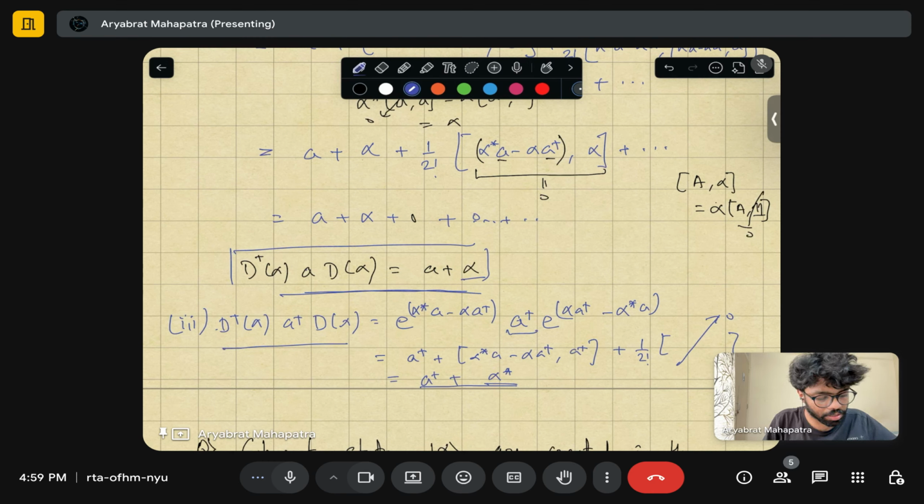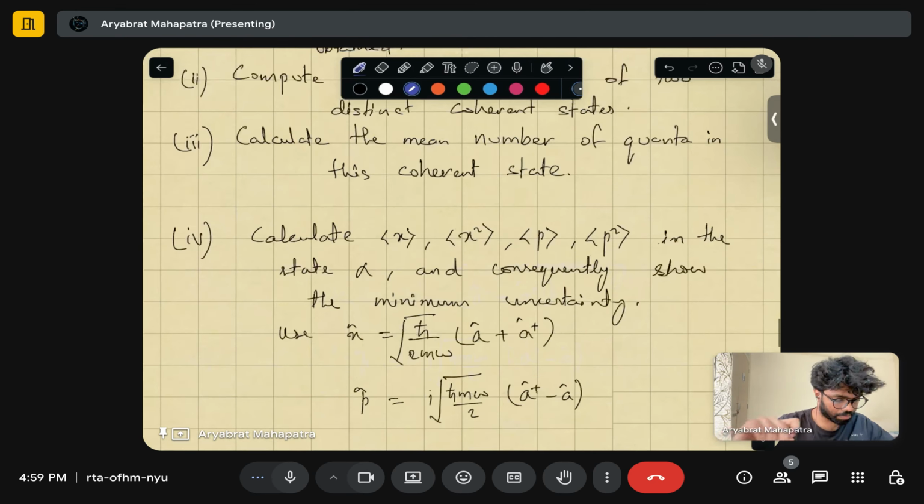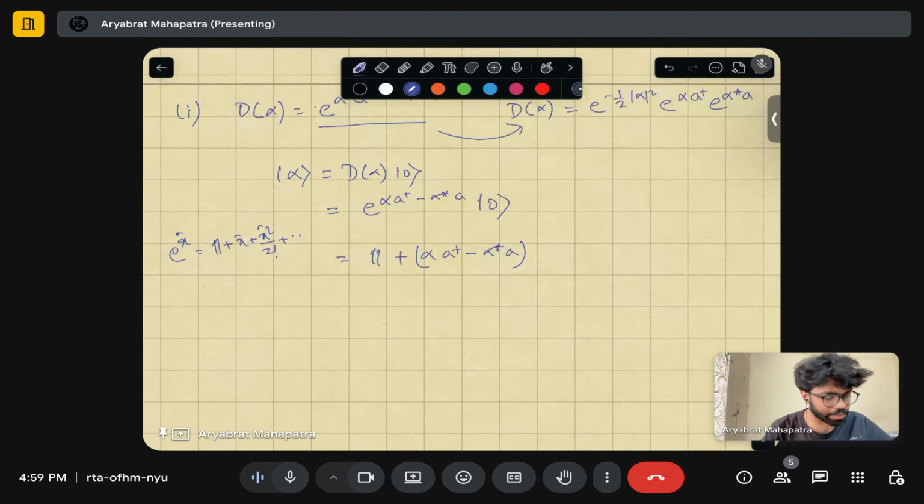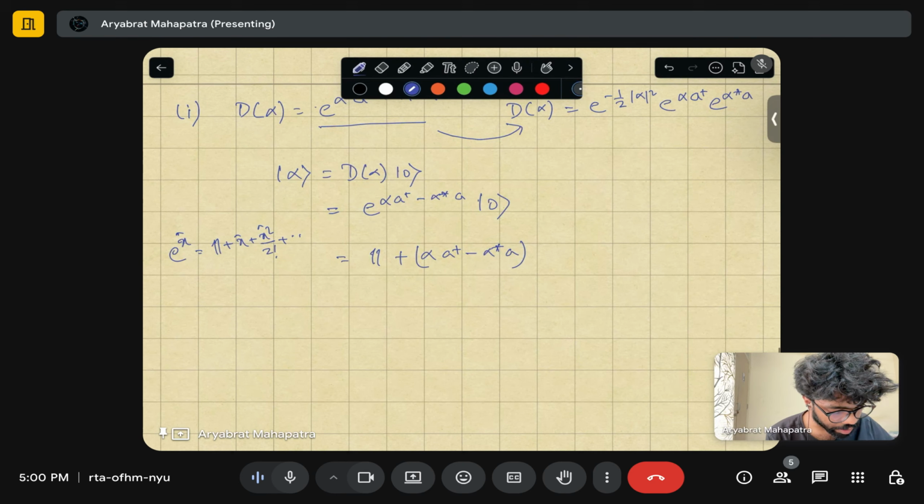We call it the displacement operator because it displaces the a operator by alpha, that is, in phase space, you can understand it as displacing a and a dagger. So that was some information, but those are important features: first, unitarity and the displacement feature. So yeah, we were right here.